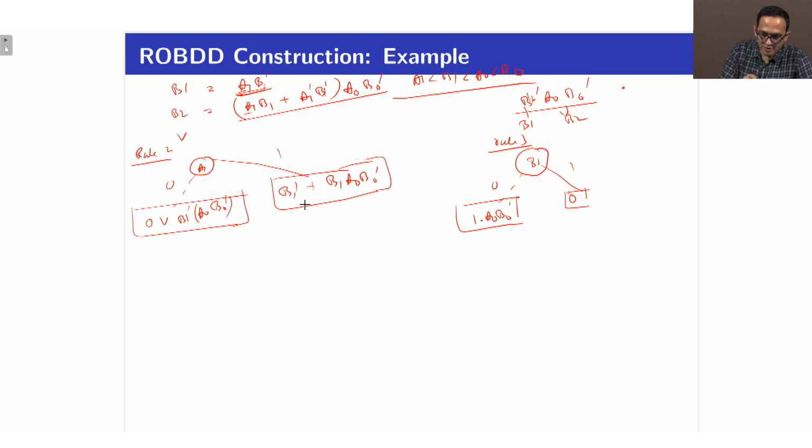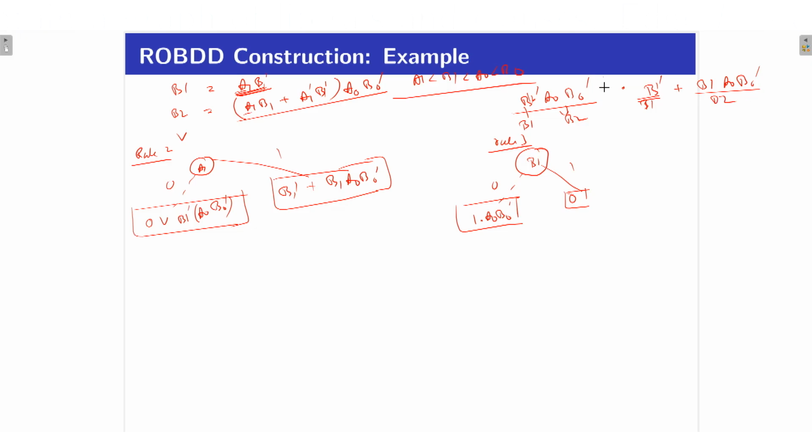Now, if you consider this part, which is b1 dash or b1 a0 b0 dash, let me just cross check this one. If I put a1 equal to 1 here, this will reduce to b1 dash, and if I put a1 here, this will become b1 a0 b0 dash. Say this is my b1, this is my b2, and the operator is OR.